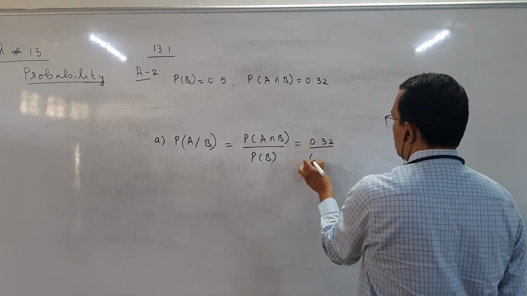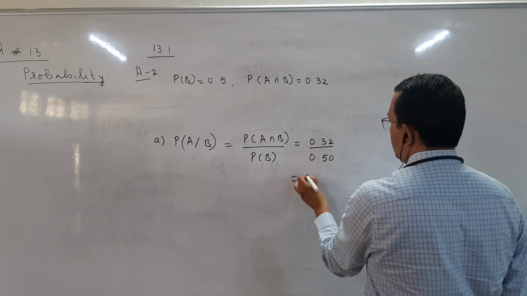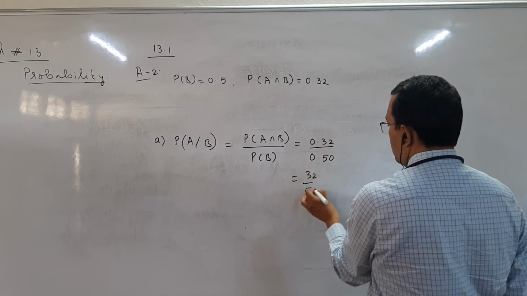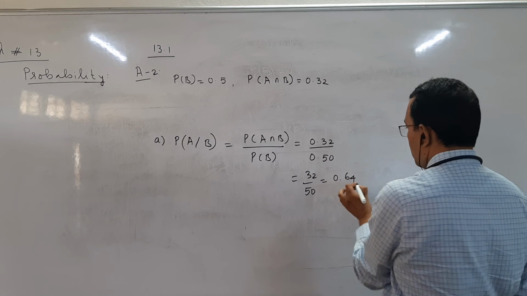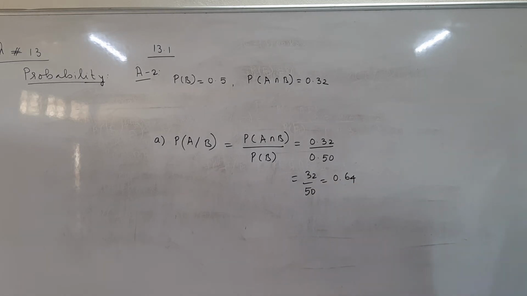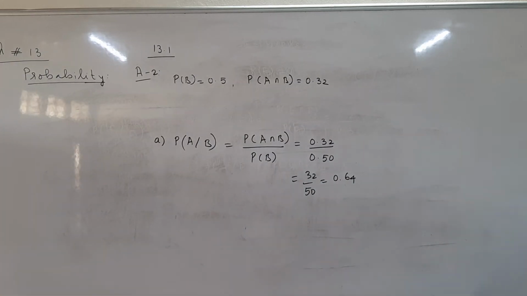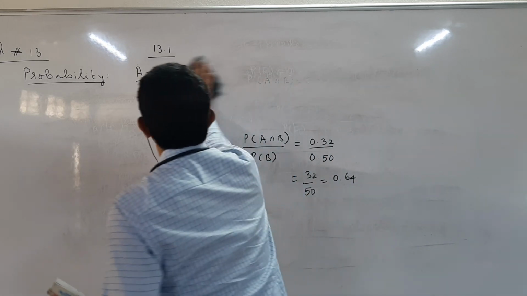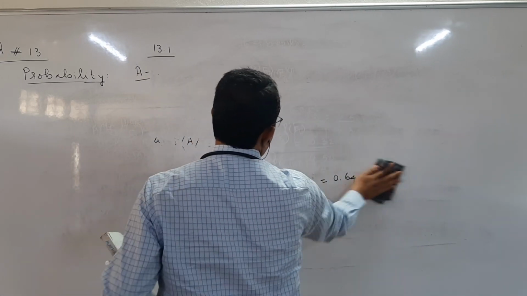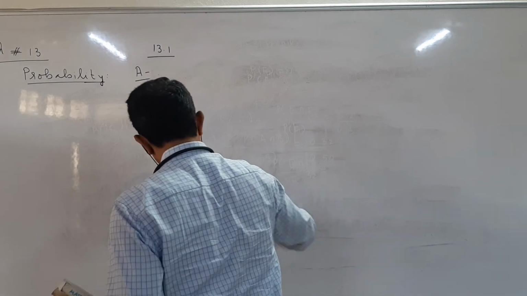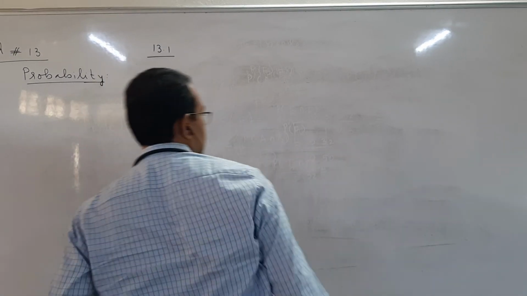So 0.32 upon 0.50, so 32 by 50. So this will be 64 by 100. So this is 0.64. Very easy, students, very easy to compute. The main part of this type of sums is to understand the basics and apply the appropriate formula. Okay students, now answer 3.